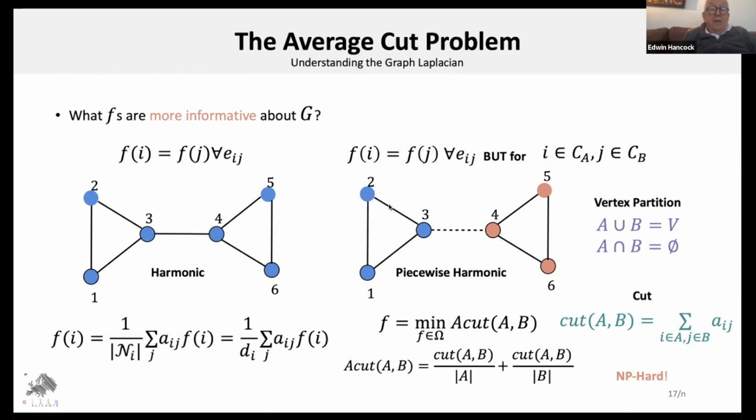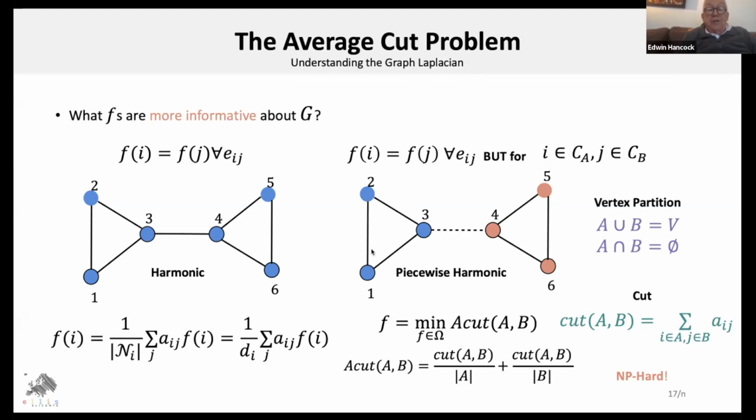shown you here. And here we have a piecewise harmonic function where we have two different disjoint sets, A and B, where the sets of connected nodes are indicated by the same binary indicator.